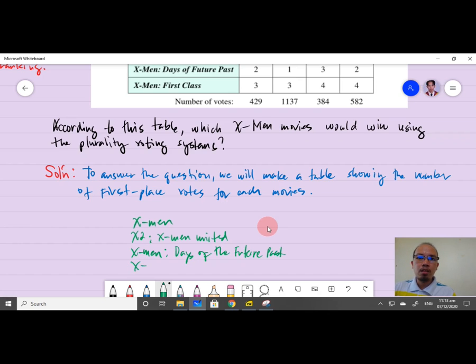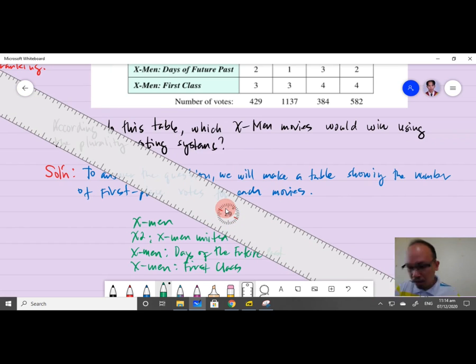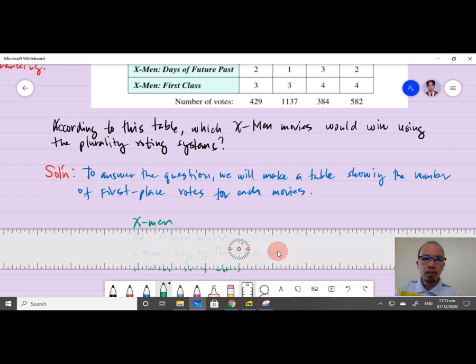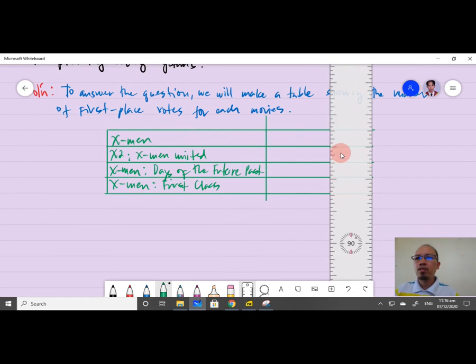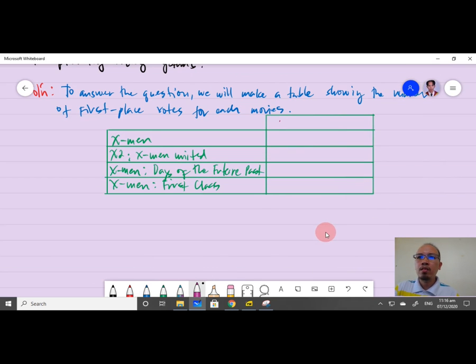And the last one is X-Men First Class. Then first place votes.